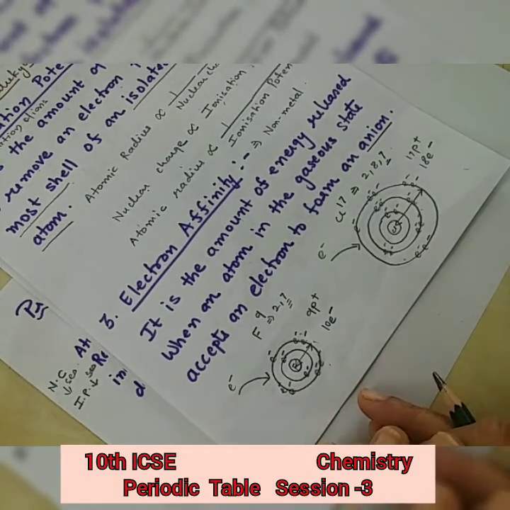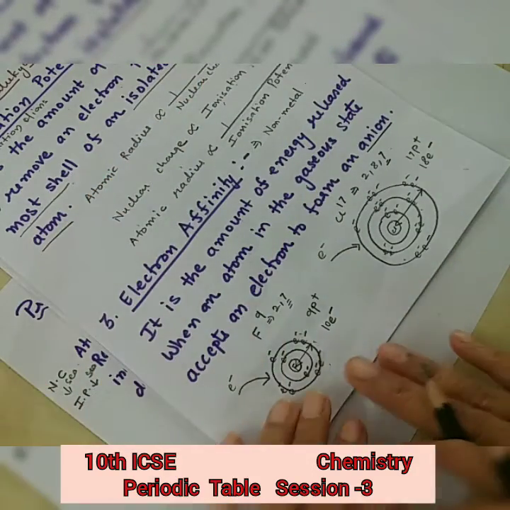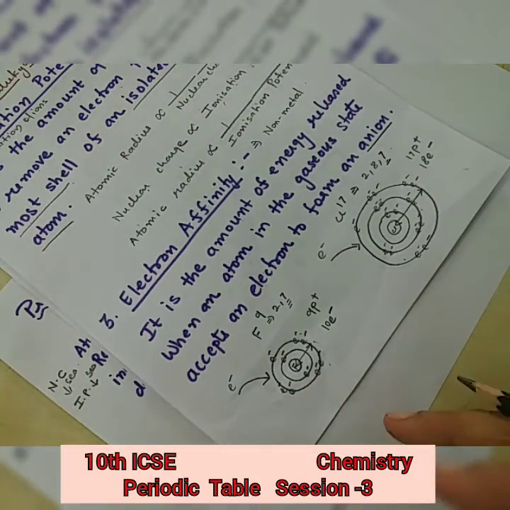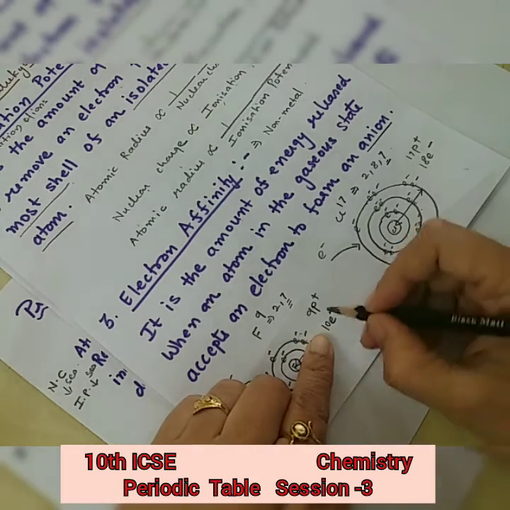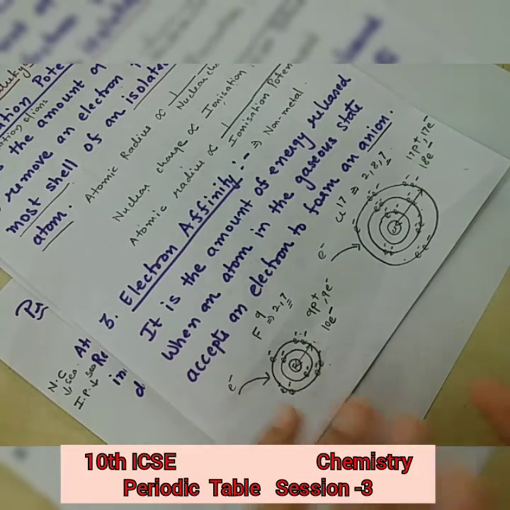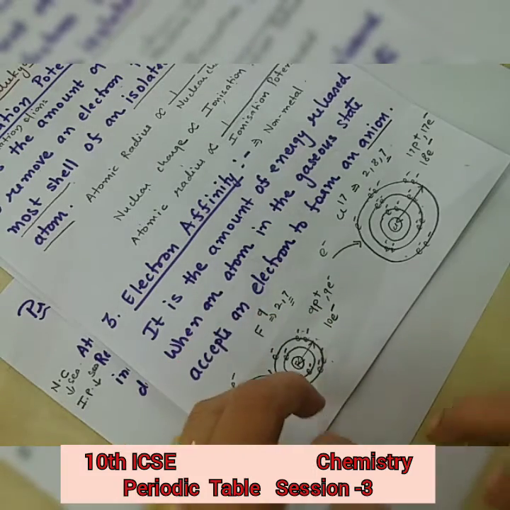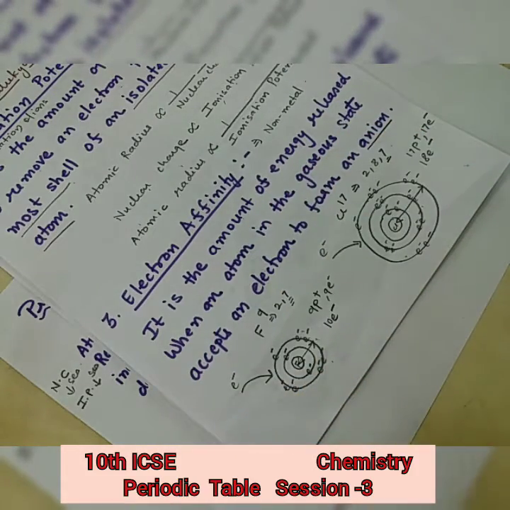So dear students, you can see here that protons remain same, that is nuclear charge remains same, but electron repulsion will increase, because before gaining the electron, fluorine has 9 electrons and chlorine has 17 electrons, but after gaining, the number of electrons is increasing, so definitely electron repulsion is increasing, but nuclear force remains same, so definitely the nucleus will find difficulty to keep 10 electrons or 18 electrons within an atom.